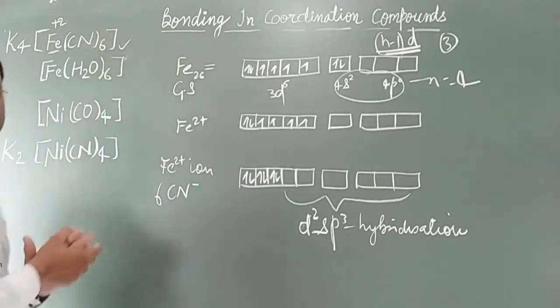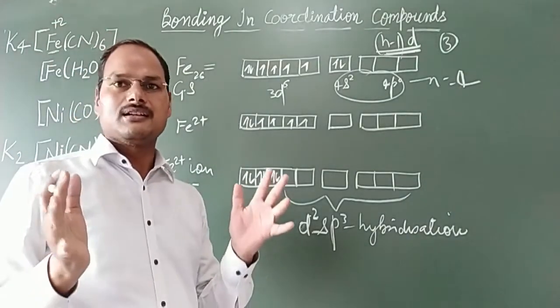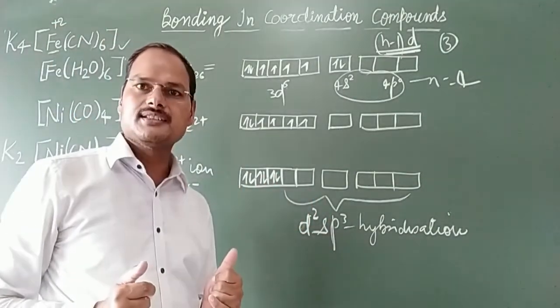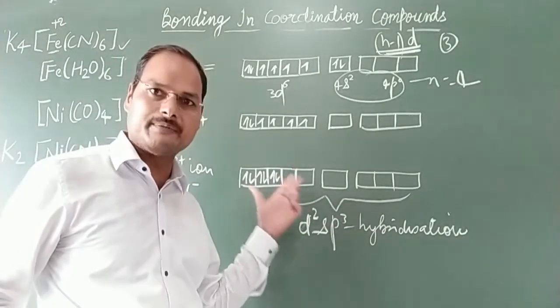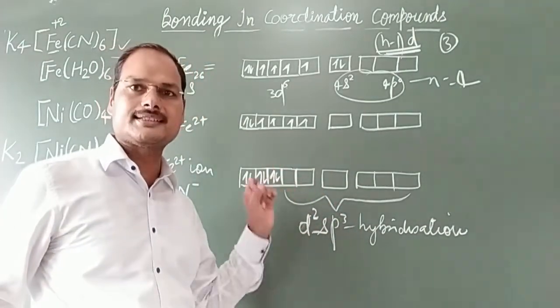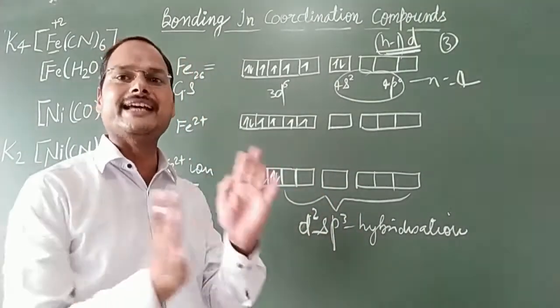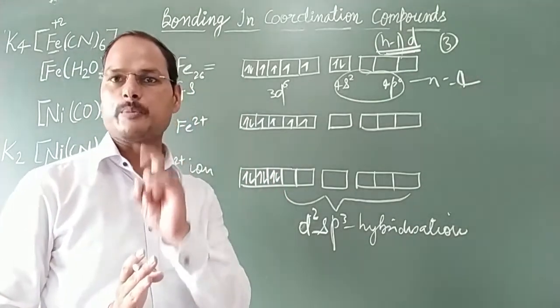As these 6 CN approach the central metal, what will happen? This process will take place, and now 6 orbitals will have equal energies and equal geometry. It means under this condition, 6 CN, 1 CN is one ligand having one lone pair of electrons.